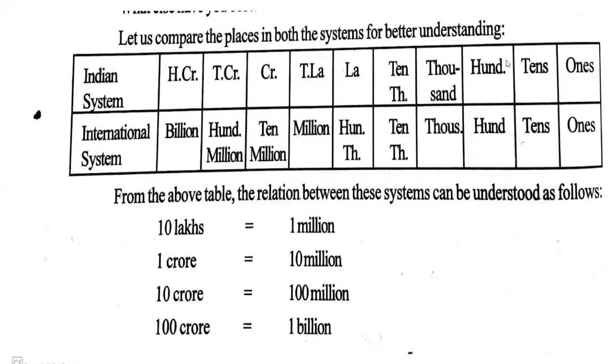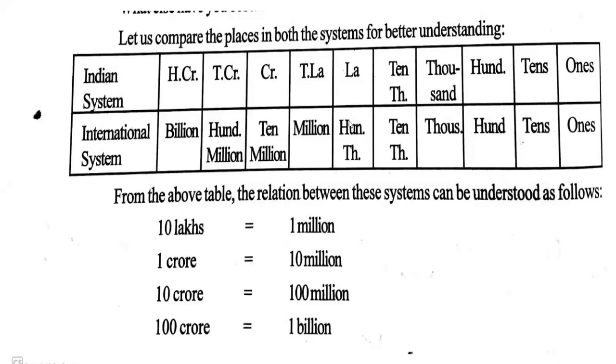Only the tens plus ones period has 3 digits, but all the other periods have 2 digits in our number system. And what about the international system? Every period has 3 digits. That is the difference between the Indian system and the international system.